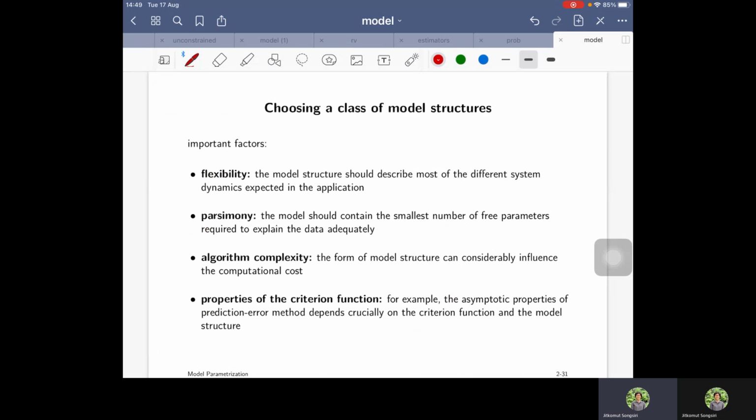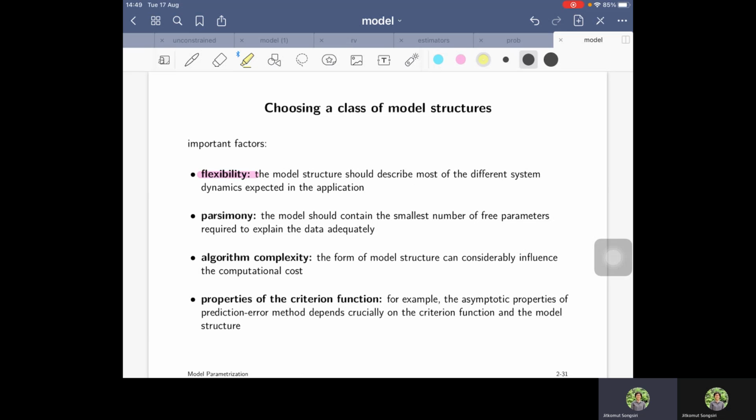In choosing the model structure, you have to be concerned with several factors. You look at the flexibility: whether the model contains a sufficient degree of flexibility to explain your physical system. If your physical system is complex, maybe it doesn't make sense to use a first order, such a simple model.